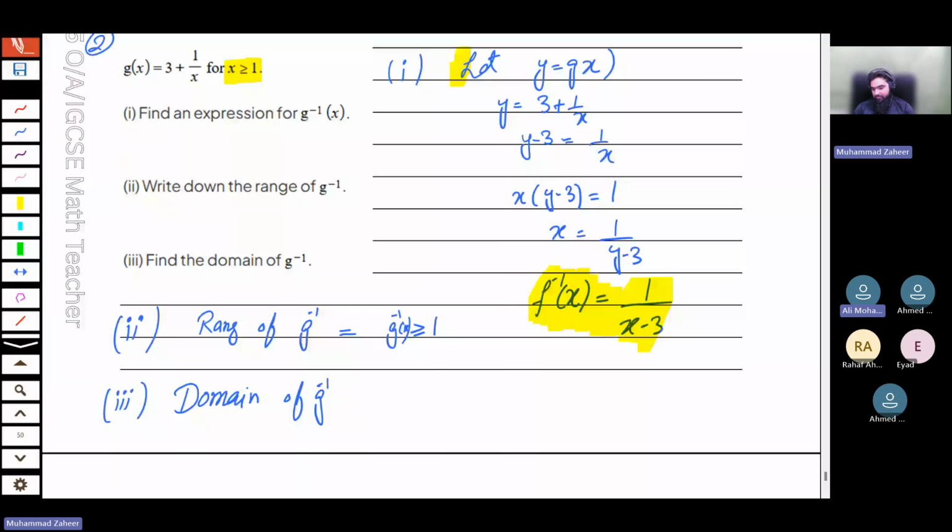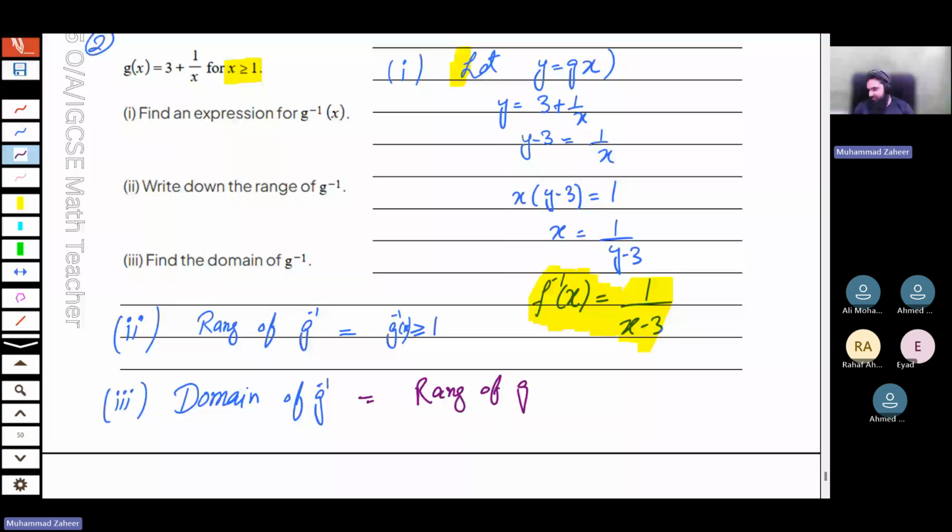The domain of the inverse will be equal to the range of g of x.